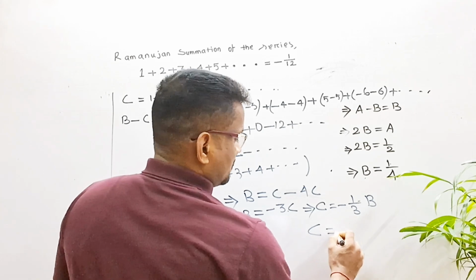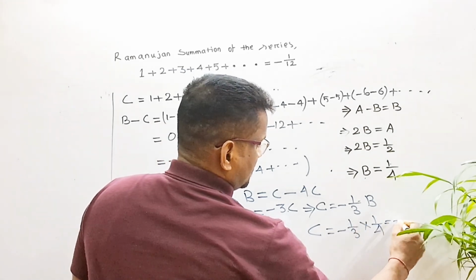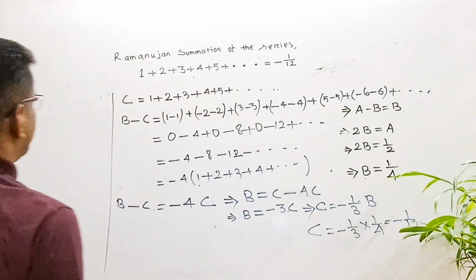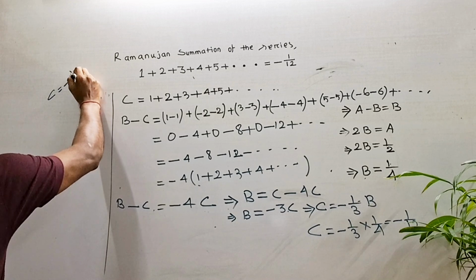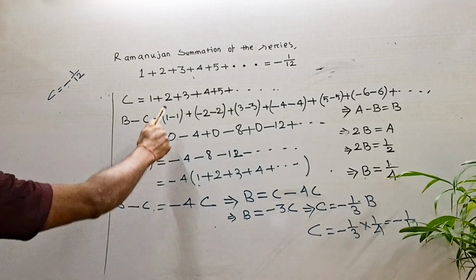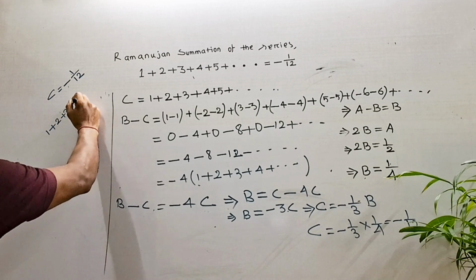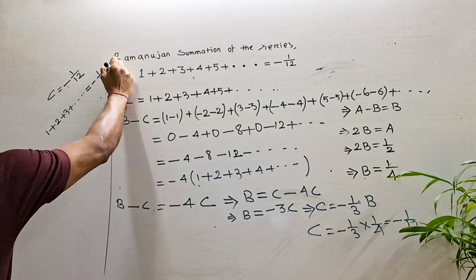So C equals negative 1 by 3 into 1 by 4, that is minus 1 by 12. So finally you obtain C equals minus 1 by 12. C, your 1 plus 2 plus 3 plus so on up to infinity, is minus 1 by 12.